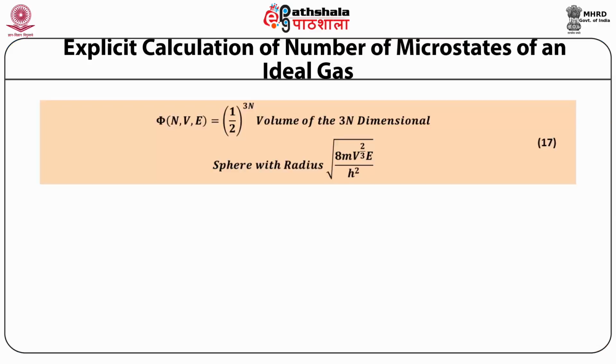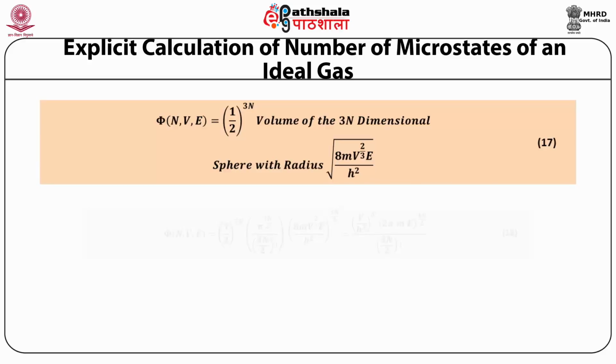Phi as a function of N, V and E is equal to 1 upon 2 raised to power 3N multiplied by volume of the 3N-dimensional sphere with radius square root of 8m V raised to power 2/3 multiplied by E divided by Planck's constant square.